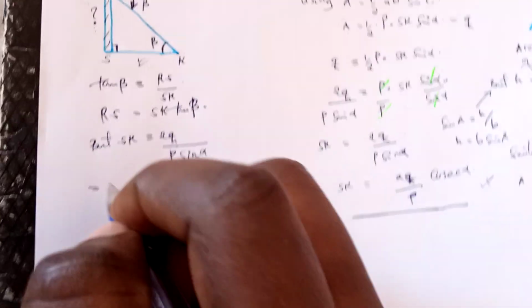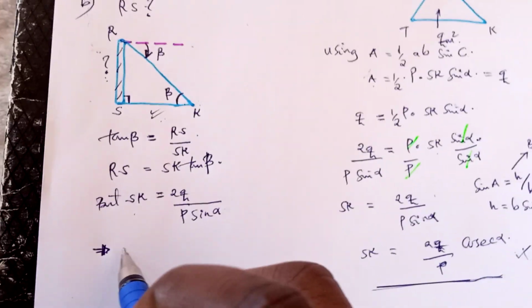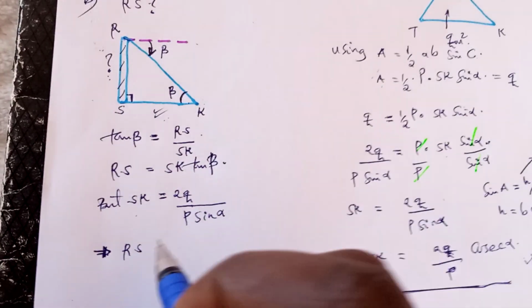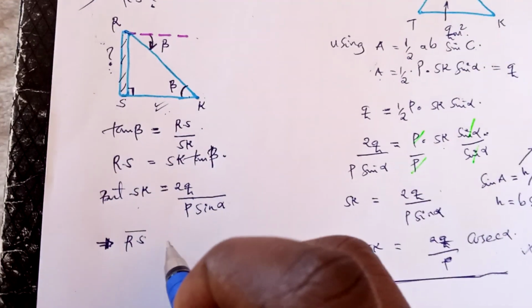So this implies that our RS, like I said, you can always put a bar on top to show that this is the distance.